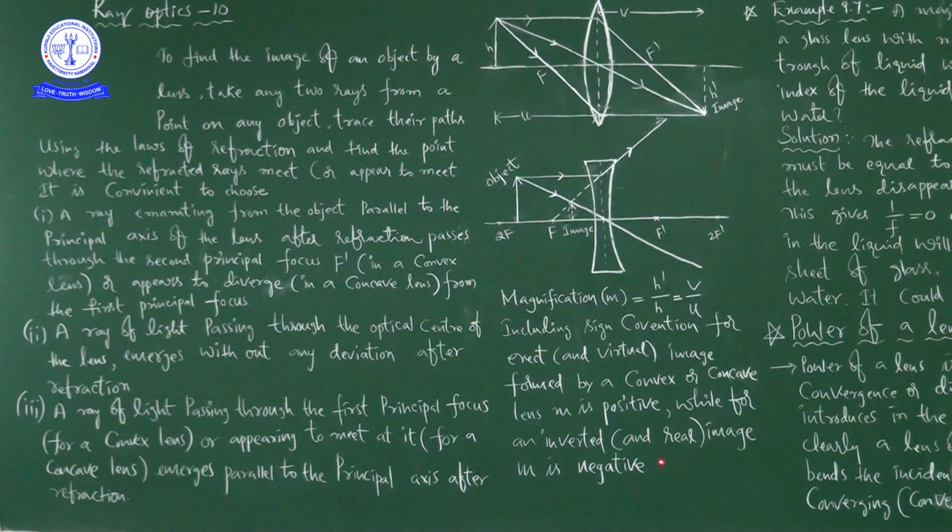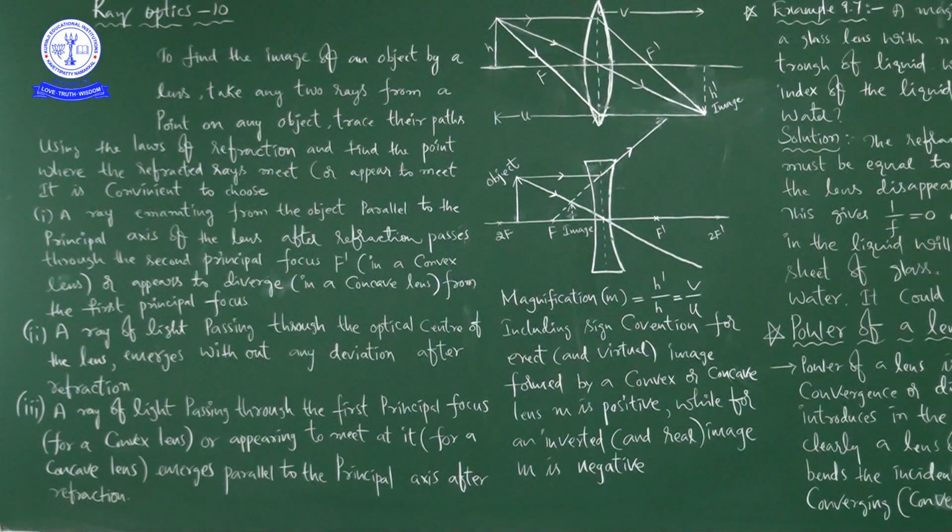We don't bother about what type of image will be formed by a convex or concave lens, because it depends upon the position of the object. Based on the position of the object, the nature, position and size of the image depend. We need not keep that in mind here.